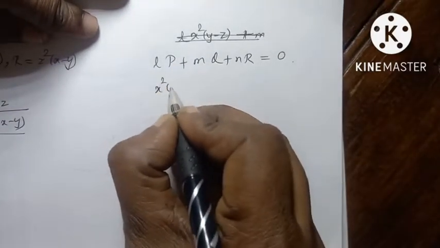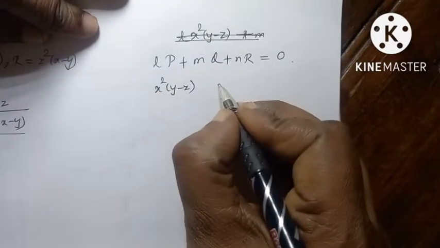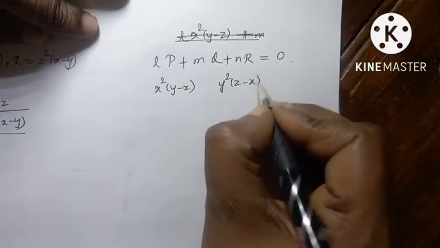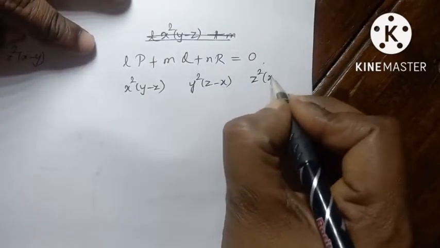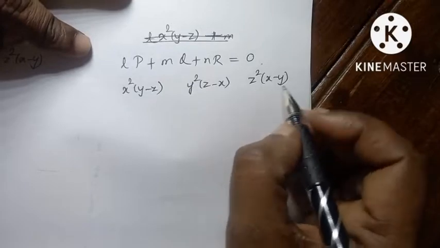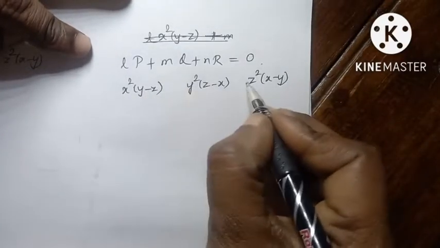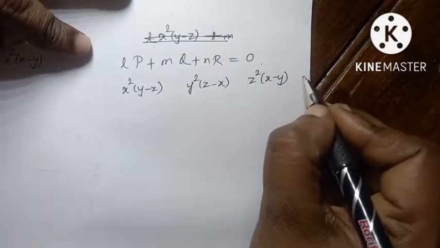P is x square into y minus z, Q is y square into z minus x, R is z square into x minus y. We have to choose l, m, n which will give the answer 0.